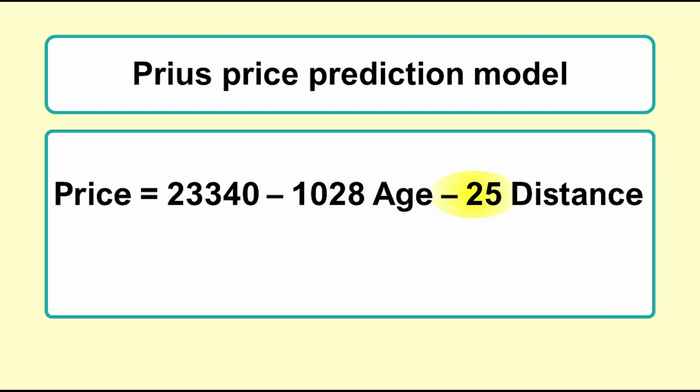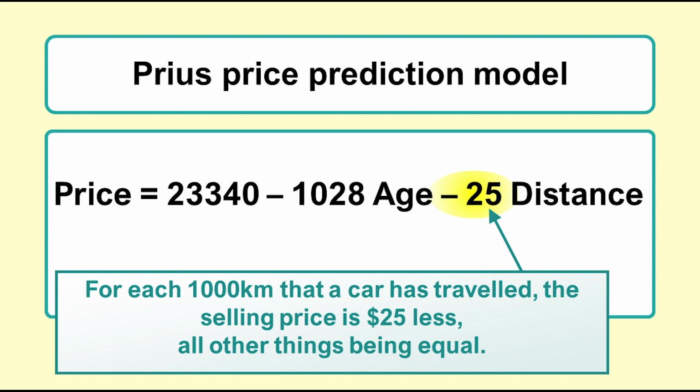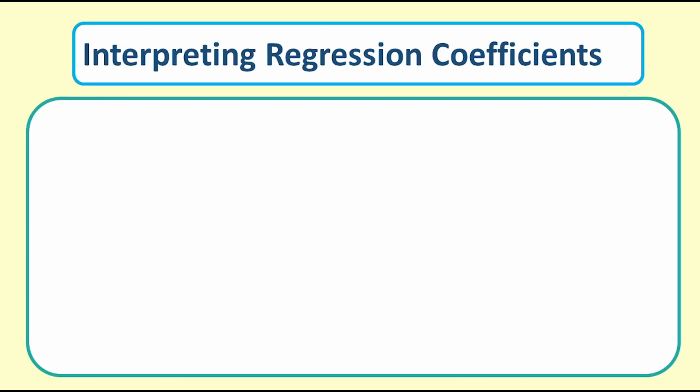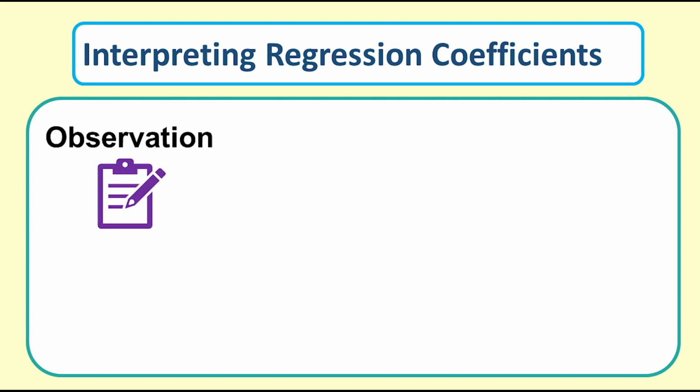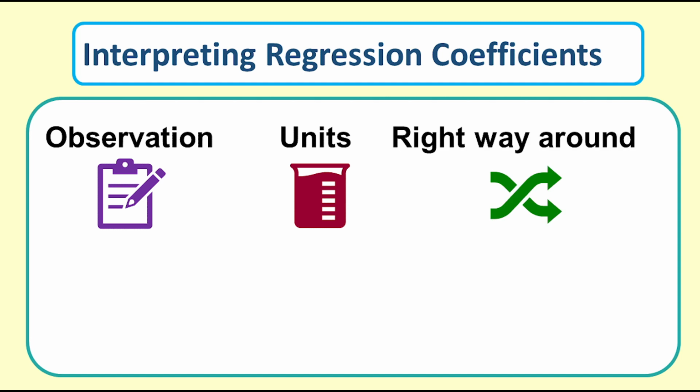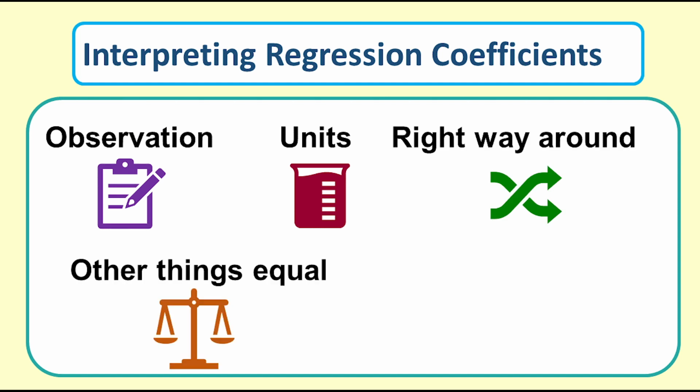The coefficient of distance, negative 25, means that for each extra unit of distance, in this case 1,000 kilometers, that the car has travelled, the price is decreased by $25, all other things being equal. There are several things to consider when interpreting regression coefficients. They are observation, units, right way around, other things equal, and causation.